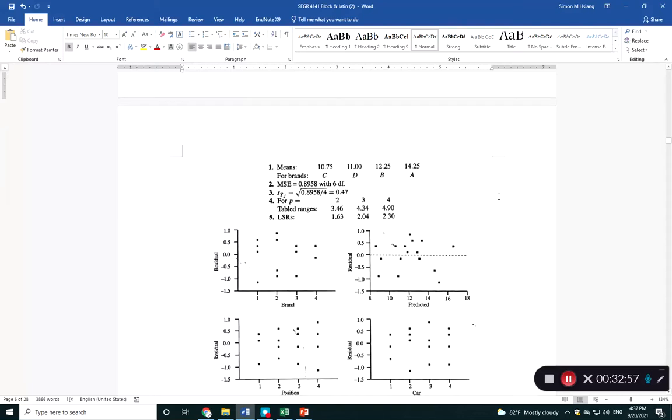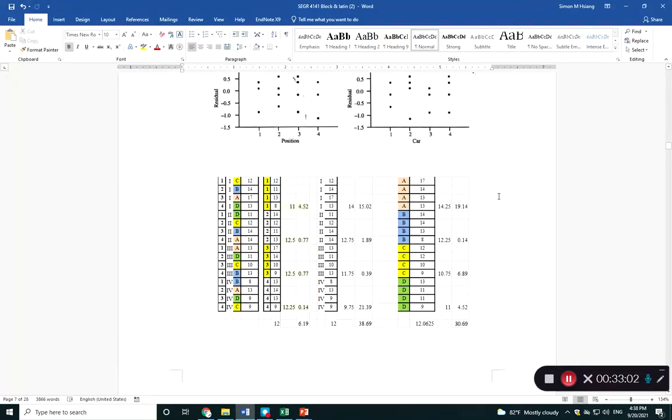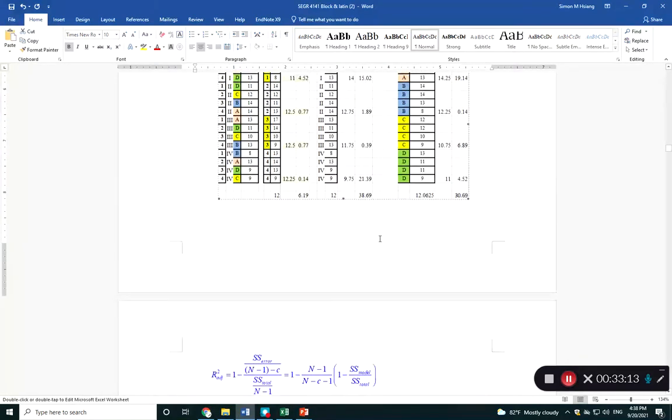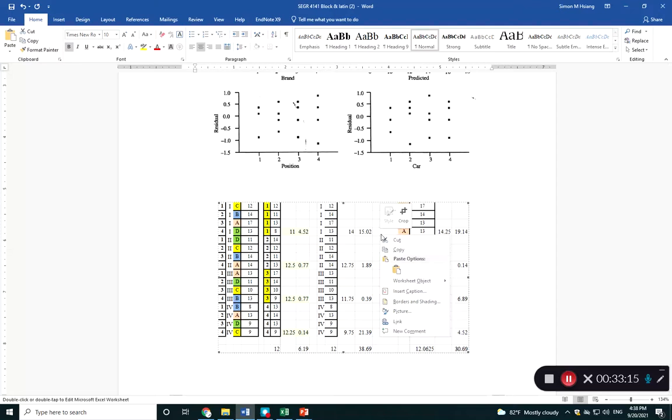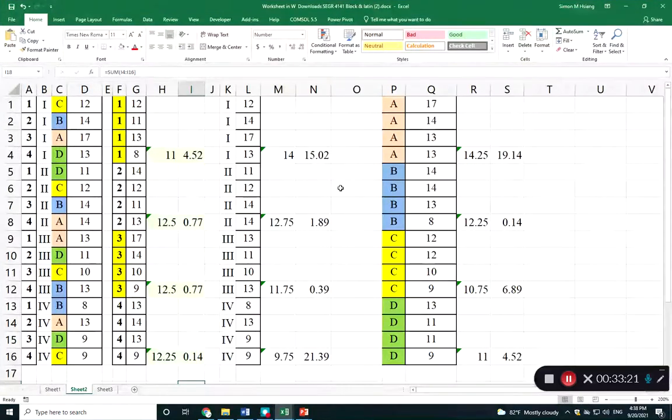Okay, and next we can rewrite this in a regression fashion. So how to rewrite this in regression fashion is basically, do it this way.